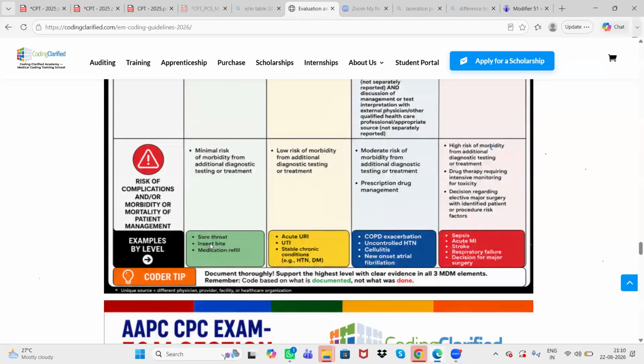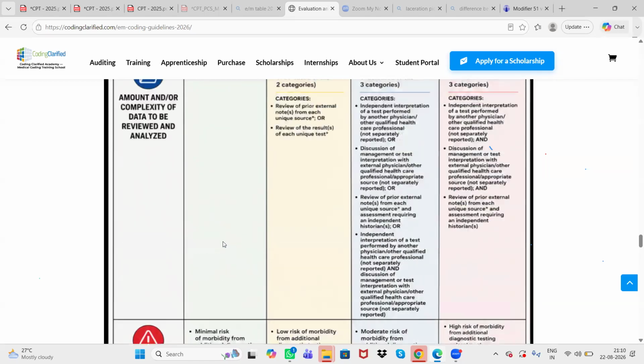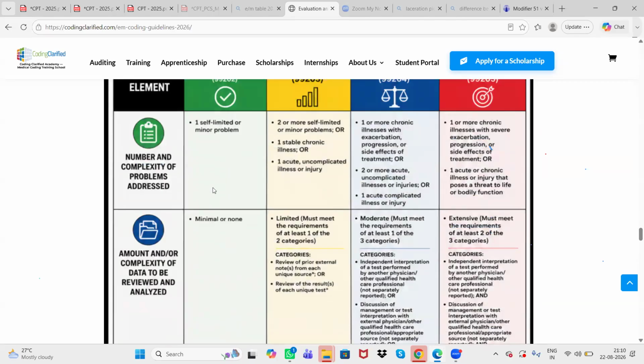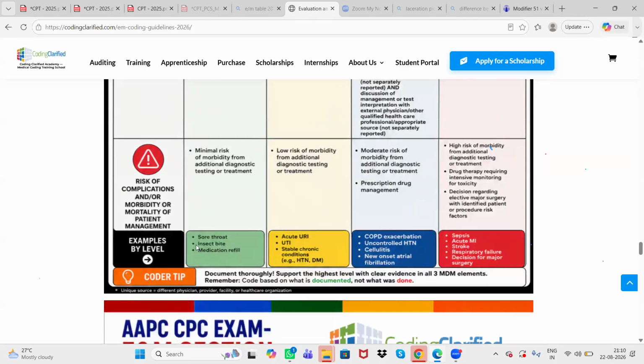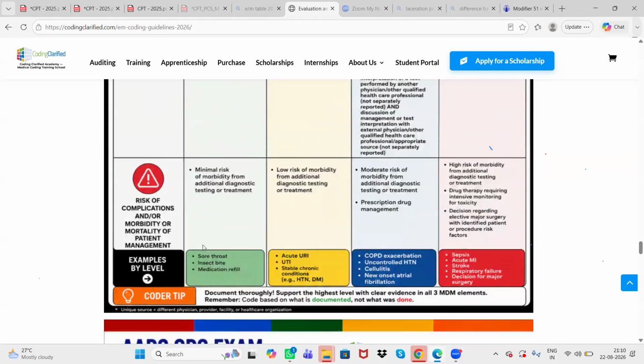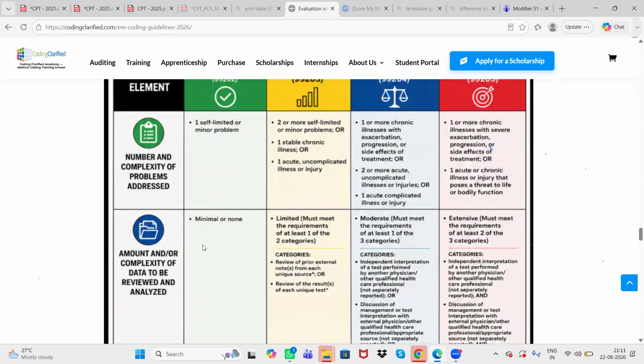Cough, cold, sore throat, insect bite: problems that can be treated without treatment. These all fall under minor or self-limited problems, along with medication refill. For example, if a patient has an insect bite, we can consider that one minor problem.